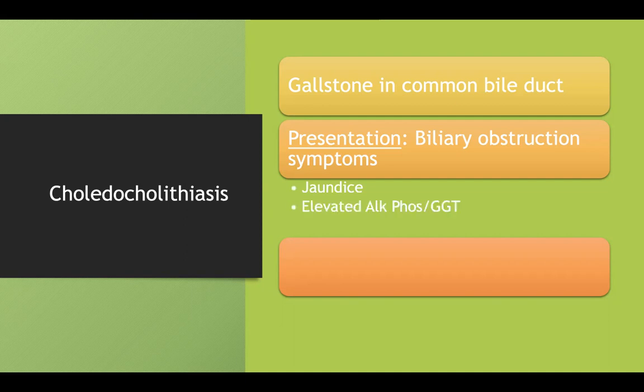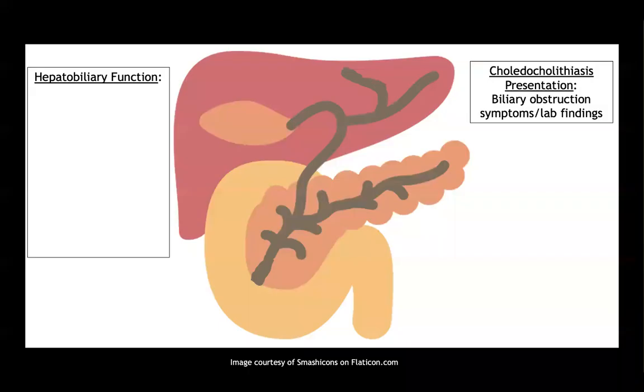So this can cause jaundice, elevated alkaline phosphatase or gamma glutamyl transferase, elevated conjugated or direct bilirubin. And remember, it can cause all those other symptoms that we discussed earlier today too, like the dark urine, increased cholesterol, among other things.